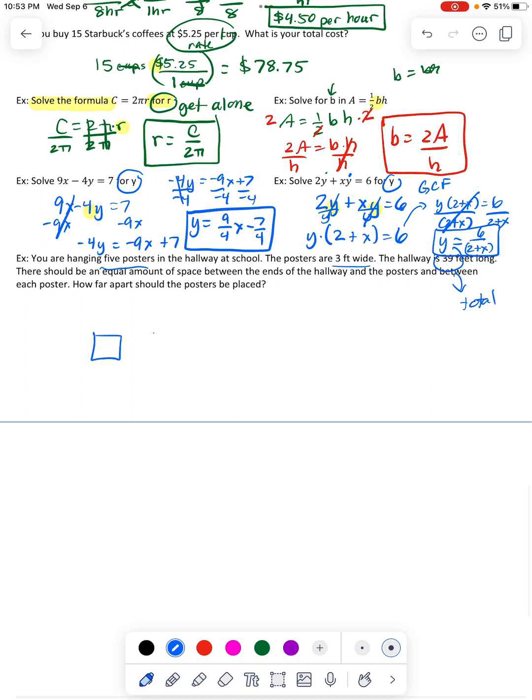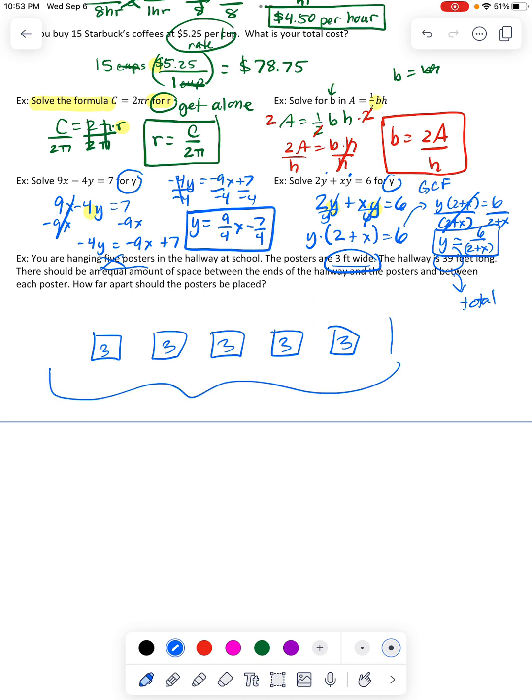So I have 1, 2, 3, 4, 5 posters because it says so. Each one is 3 feet wide because it says so. The hallway is 39 total. And then the spaces between the ends of the hallway and the posters in between them are all the same, but unknown.